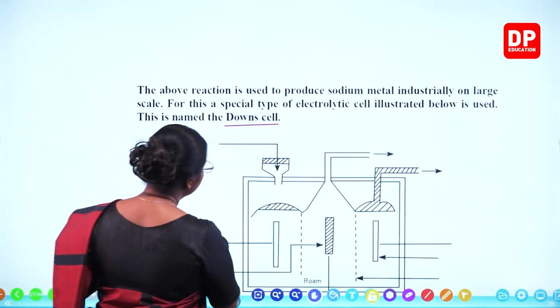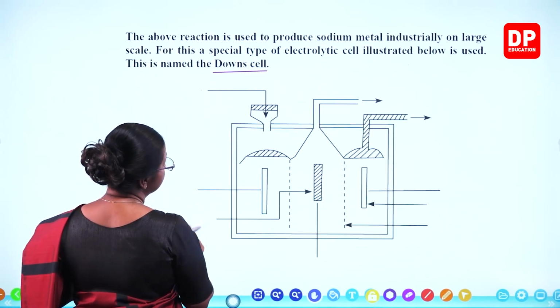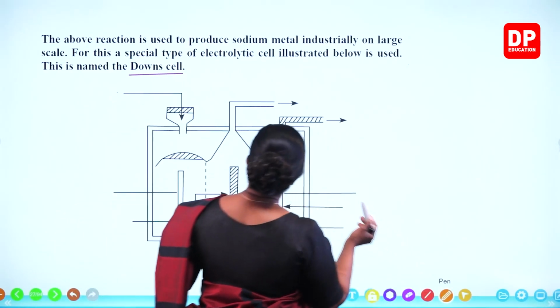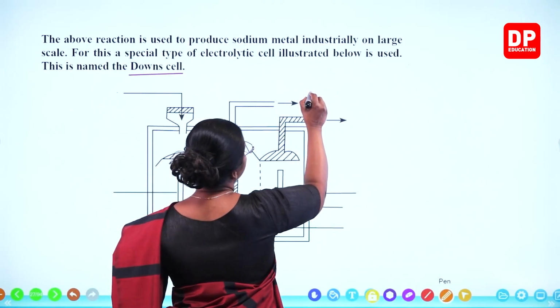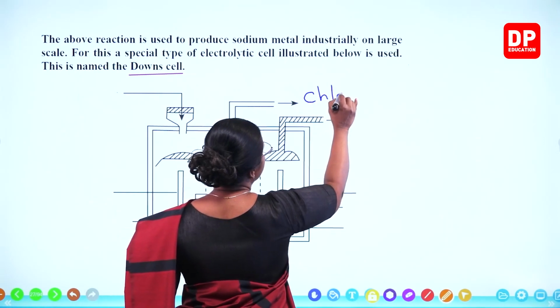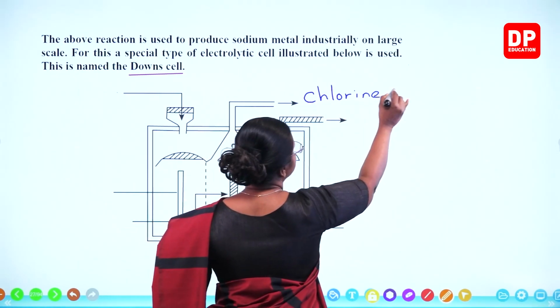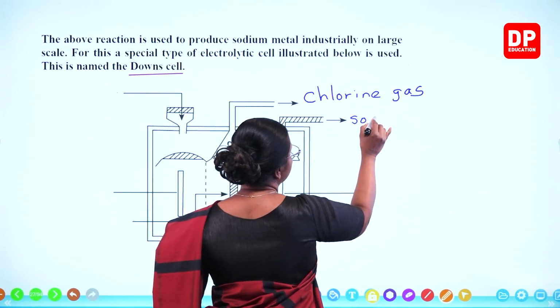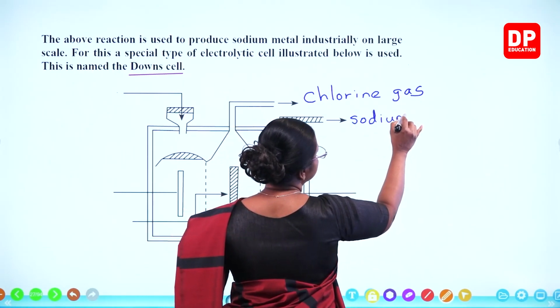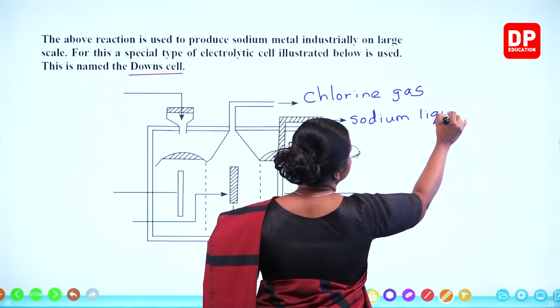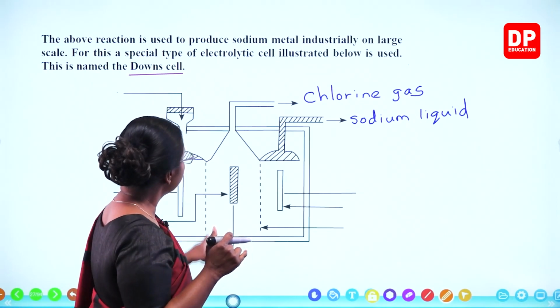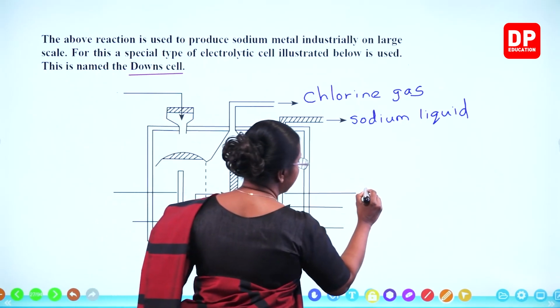So if we try to label the parts of this cell, I will label this side first. So here, this is where we take out chlorine gas. Here we will be taking out sodium liquid. I will label it and then explain it to you. Then we have the negative electrode here.